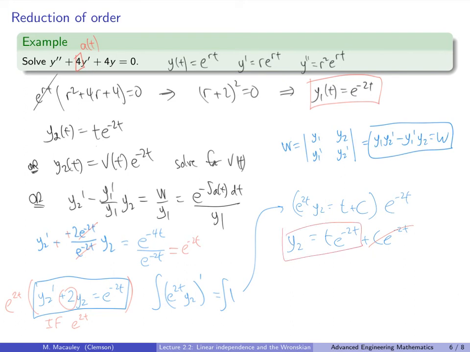So now our general solution is y of t equals c1 e to the minus 2t, that's our y1, plus c2 t e to the minus 2t, that is our y2. So there is our final solution.